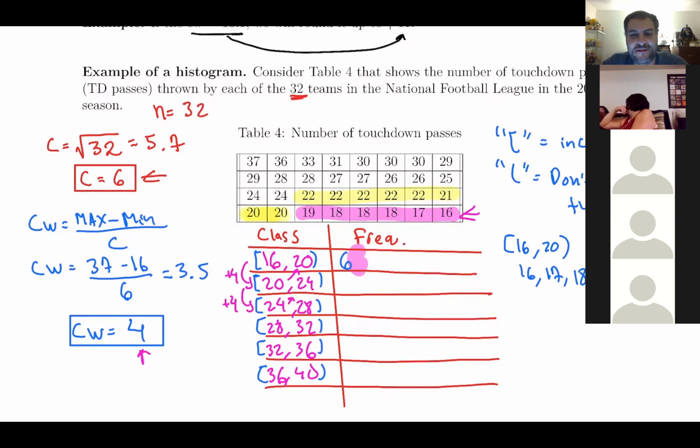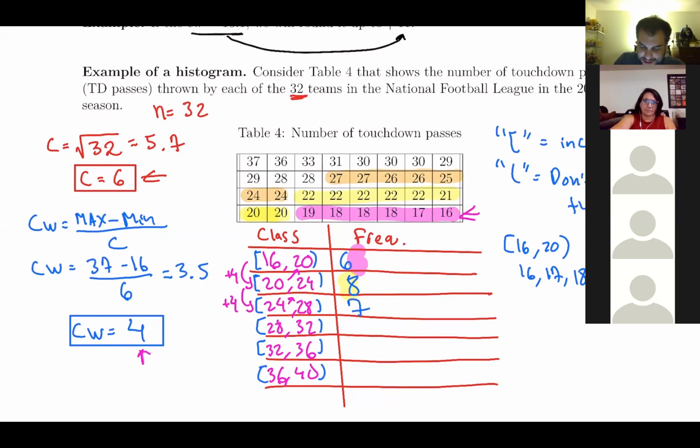Okay. Let's see another. All right, yeah. So this one should be 8. Up next, we're going to look at 24 to 28. So 24 to 28 are all of these. So if you look at 24 to 28, we have what, 7?